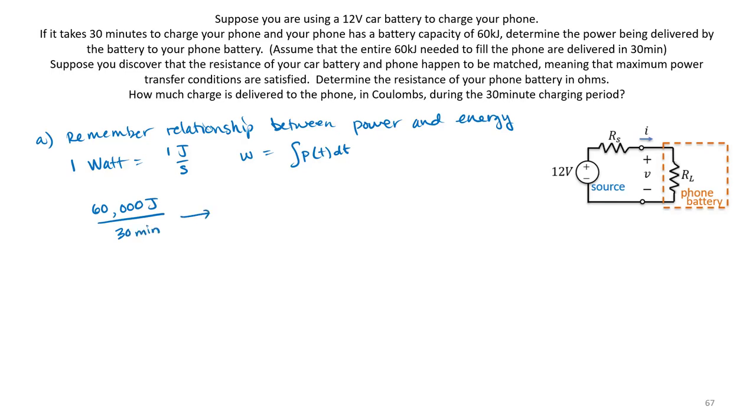So we can convert units and determine how many joules per second I am delivering if I have 60,000 joules transferred in 30 minutes. If I convert to joules per second, that will give me my power in watts.